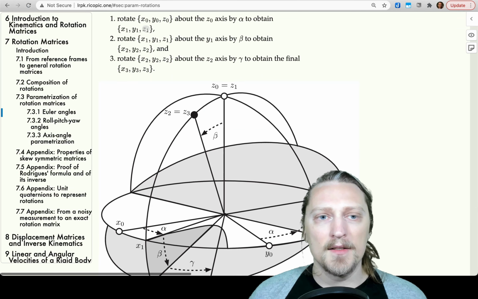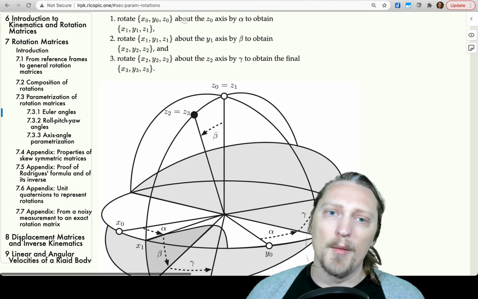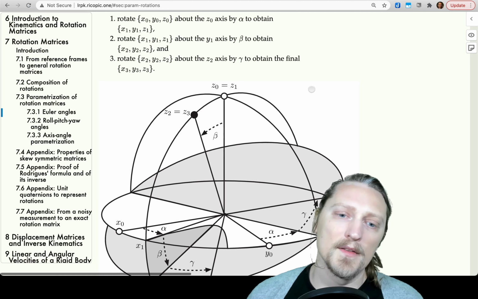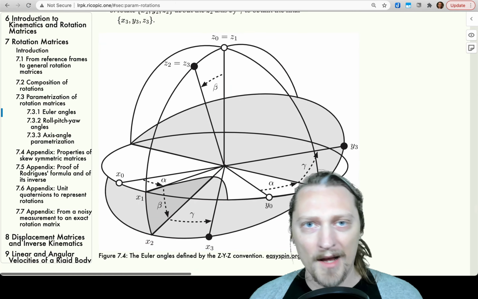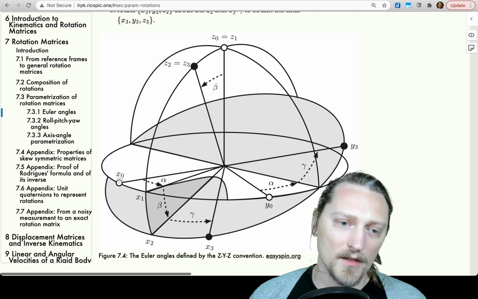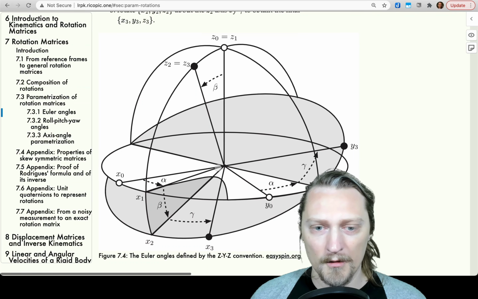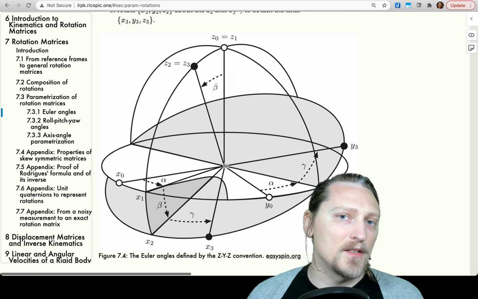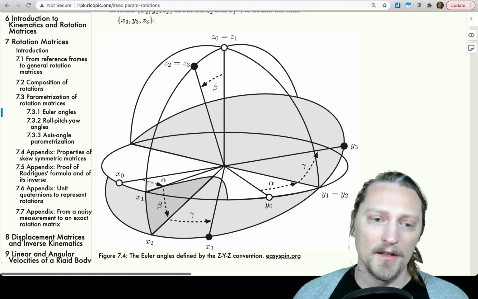1, rotate x0, y0, z0 about the z0 axis by alpha to obtain x1, y1, z1. So we start off with the x0, y0, z0 frame, and you see them here. These are the white dot ones, x0, y0, and then z0. And we're going to rotate about the z0 axis by alpha.